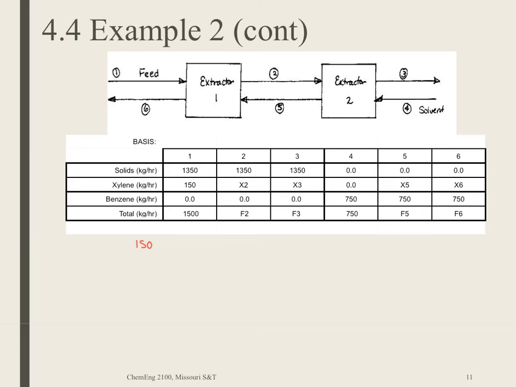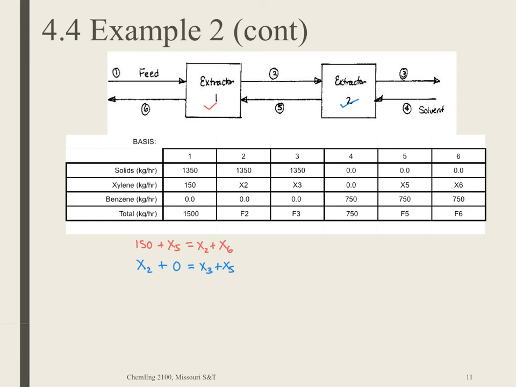And for stream 5 is x5. And streams 2 and stream 6. So this is the xylene balance on extractor 1. Next, let me do the xylene balance on extractor 2. Okay, so that says that x2 plus 0, nothing comes in stream 4, is equal to x3 plus x5.